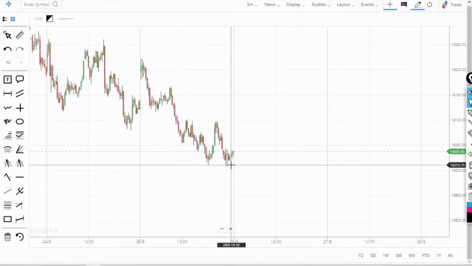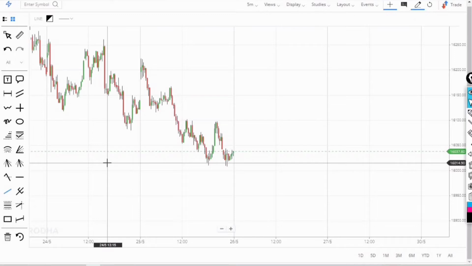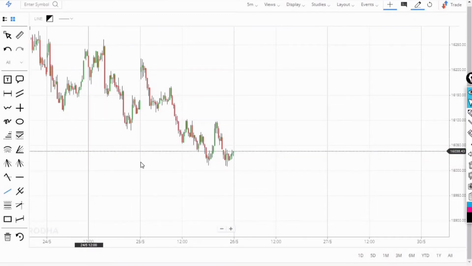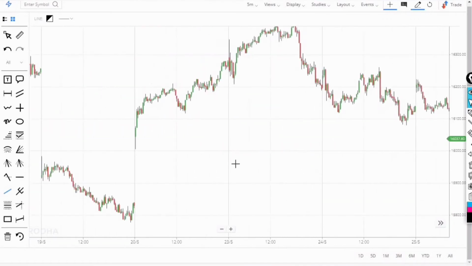On the graph, we will try to identify support and resistance zones. One more important thing about support and resistance zone is that it is not mandatory that support and resistance should always be in horizontal direction. It can be in slanting direction also. For example, look here.